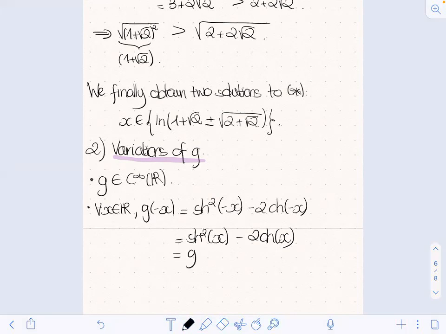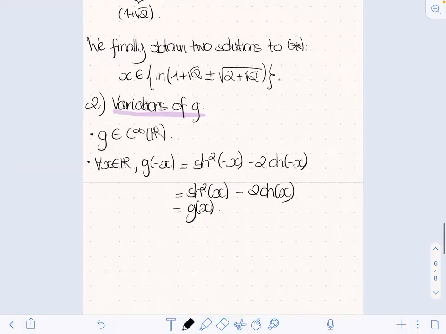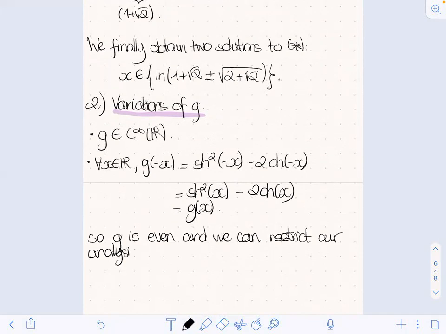So that's equal to g of x. So the function g is even, and we can restrict our analysis to R plus. So we're going to take some x greater than 0 to do our analysis.